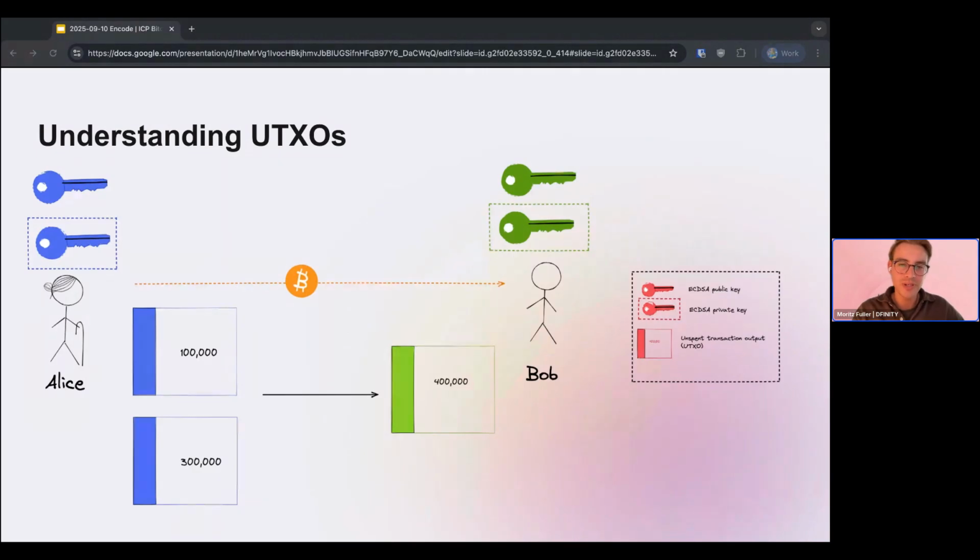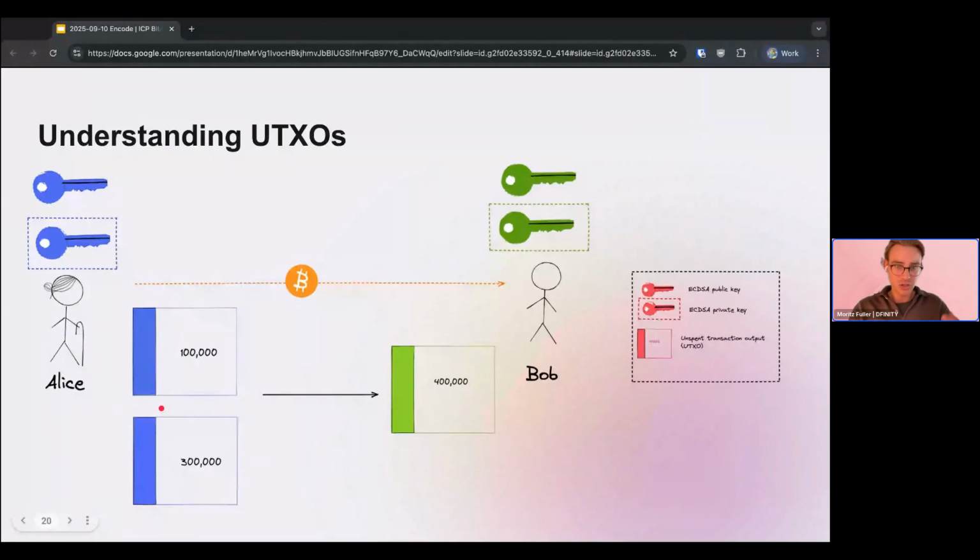So before we dive deeper into the inner workings of the Bitcoin integration, I want to make sure that we are all again on the same page and explain the concept of a UTXO a little bit. As a very simple example here, Alice on the left-hand side wants to send 400,000 Satoshis to Bob.